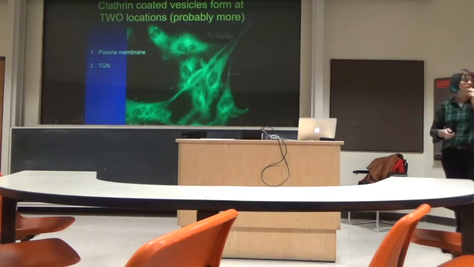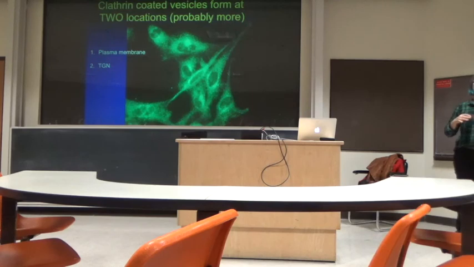And you could look at this with different antibodies if you raise them in different species. You could see that the AP1 antibodies would co-localize with the clathrin dots on the trans-Golgi network, and not the ones on the plasma membrane. And AP2 would be the ones here.